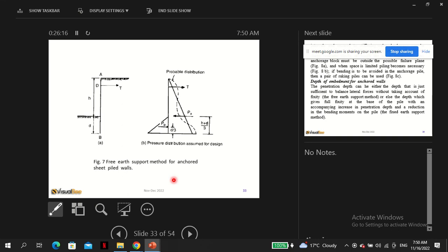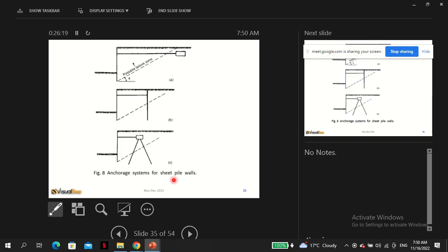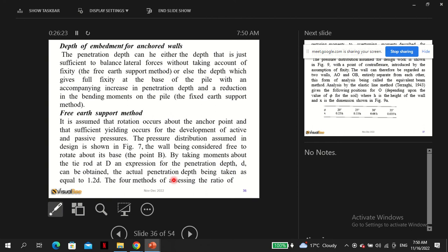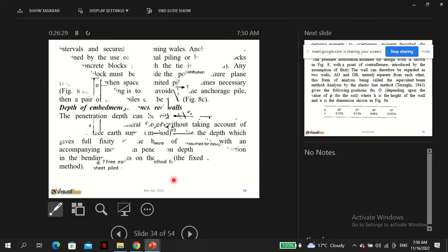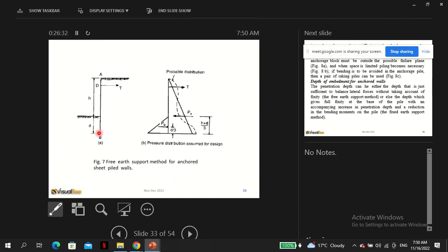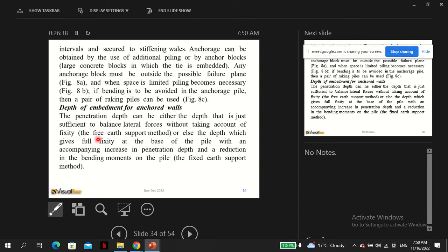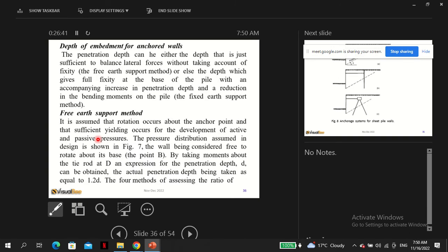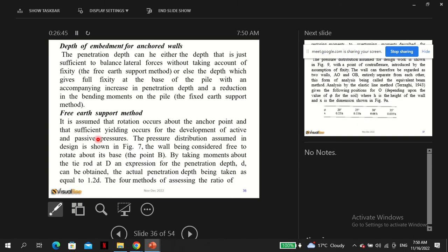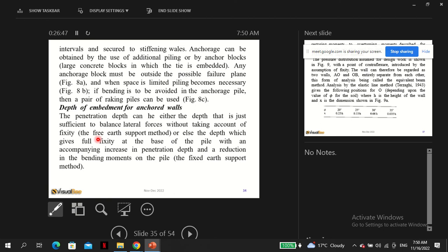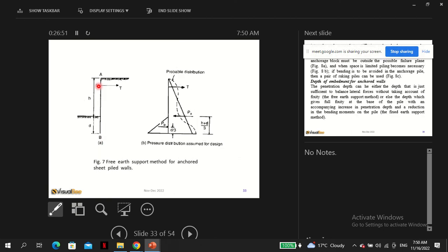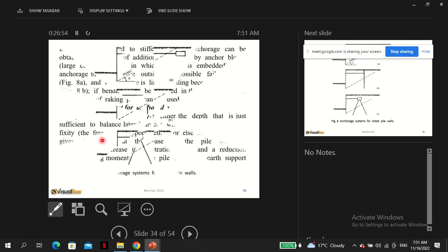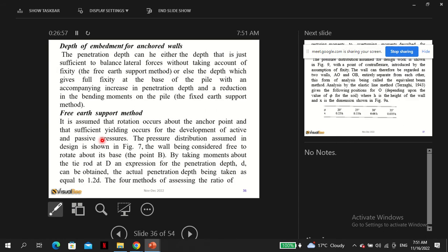In figure 7, this is the assumption: the wall is considered free to rotate about its base, point B. So the wall is assumed to be able to rotate at point B. By taking moments about the tie rod at D, an expression for penetration depth D can be obtained.